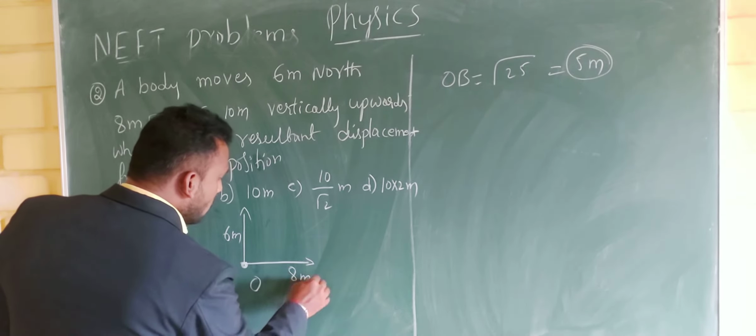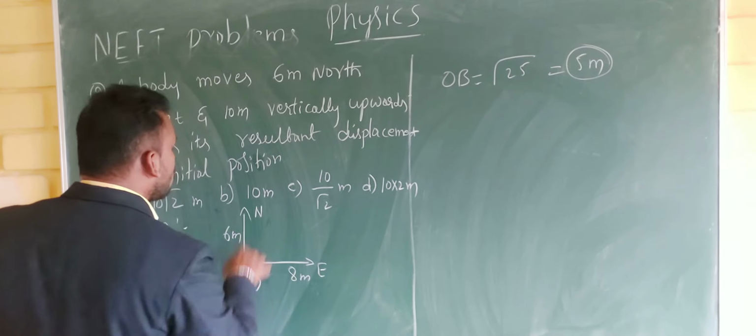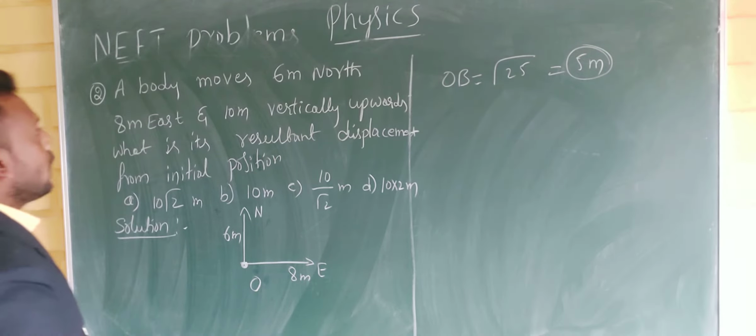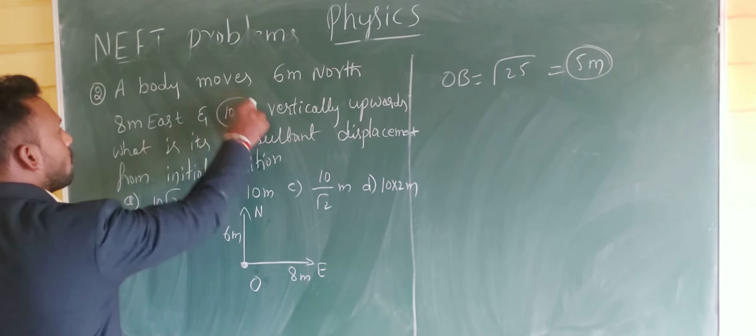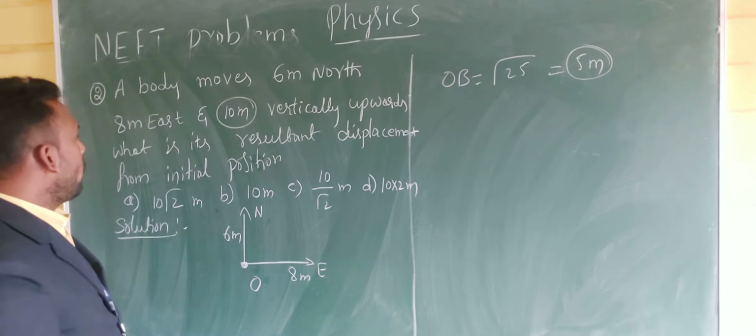This is the origin, origin is O. And then 10 meter vertically upwards. What is the resultant displacement? Look here.